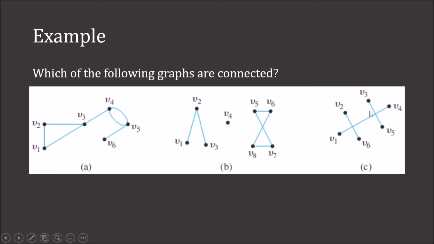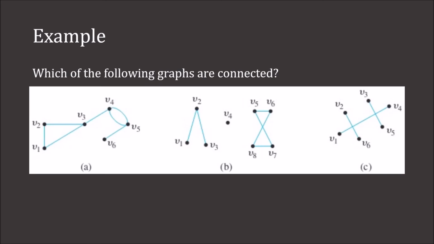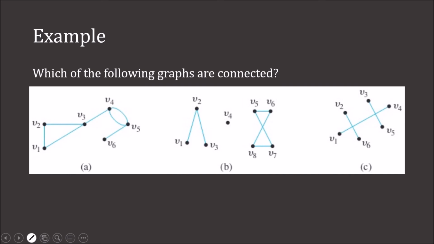These edges are intersecting at non-vertices, so we could just as easily draw it this way. Okay, that worked. We can just as easily draw C this way. Here's V2, V6.